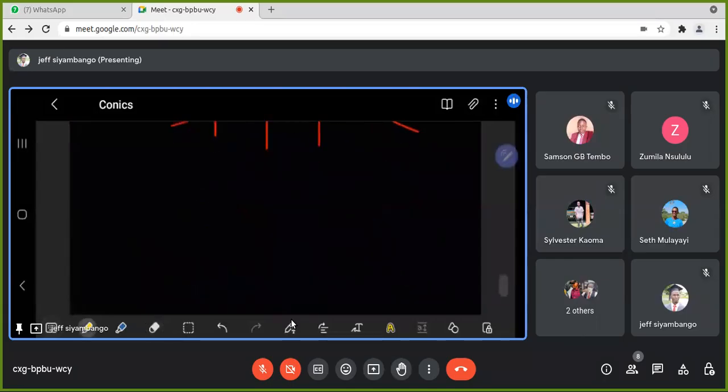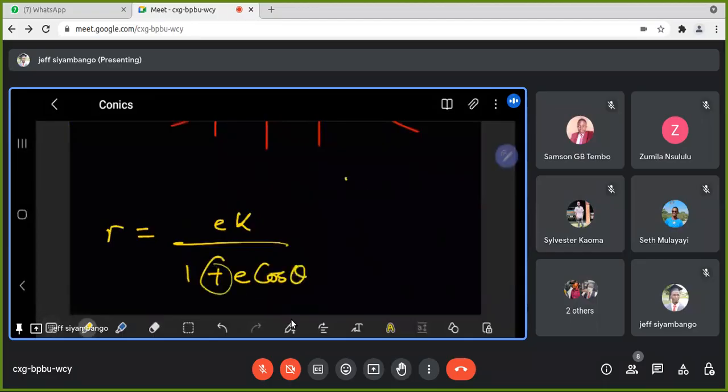The equation I gave you was r equals ek over 1 plus e cos theta. Now this was plus, and we saw that the major one was opening to the left.